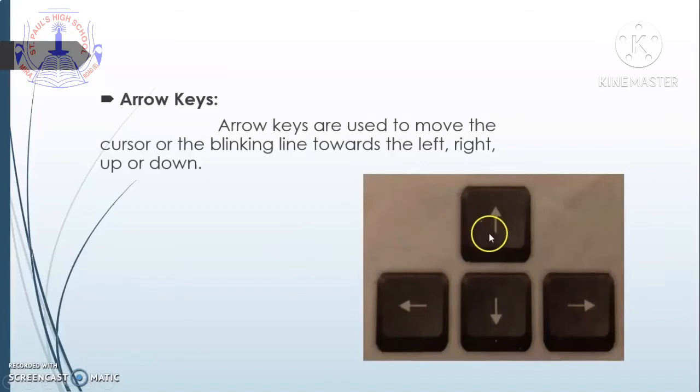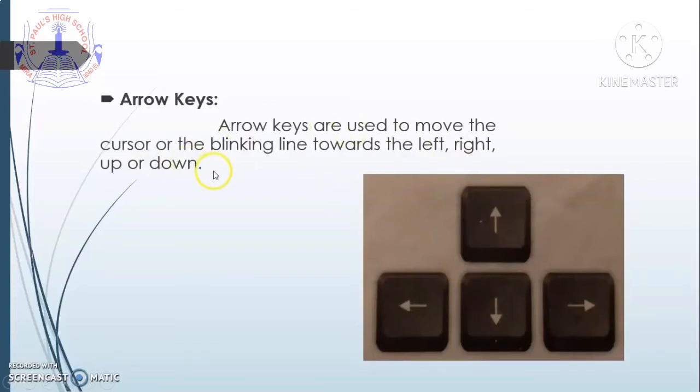Now the next one is the arrow keys. Now you all can see the arrow upwards, then to your left, and then to your right, and then the arrow pointing down. So now these buttons are called your arrow keys. Arrow keys are used to move the cursor or the blinking line towards left, right, up or down.